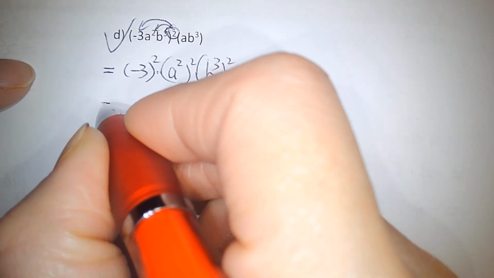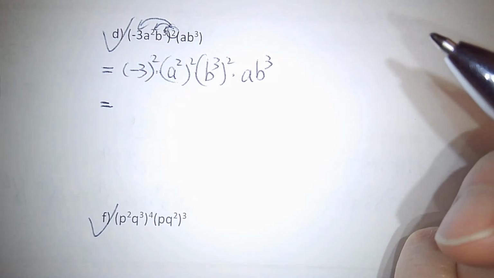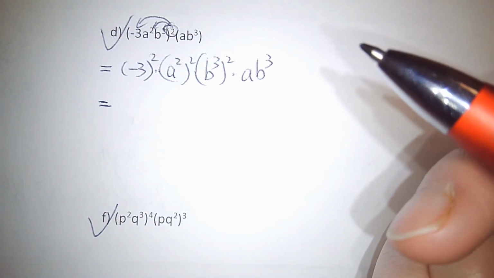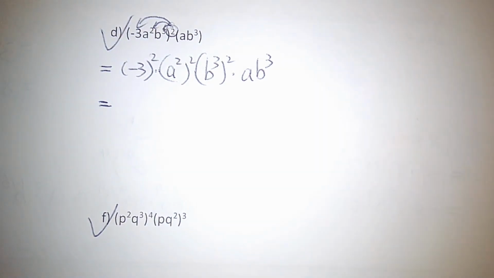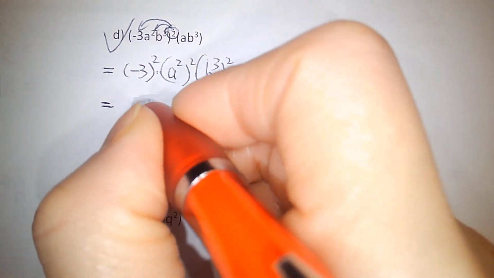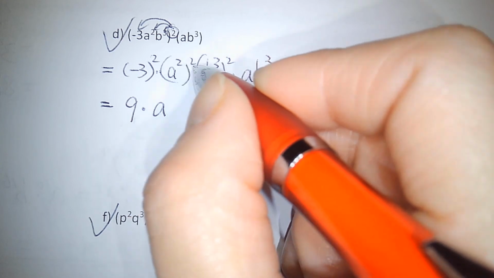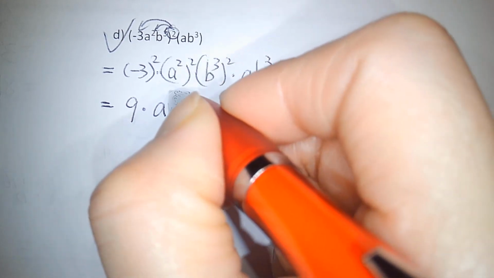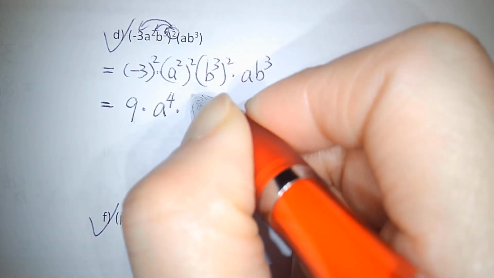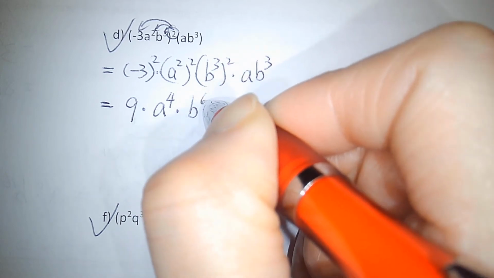What is negative 3 squared? 9 times a to the what? 4, right? b to the what? 6.